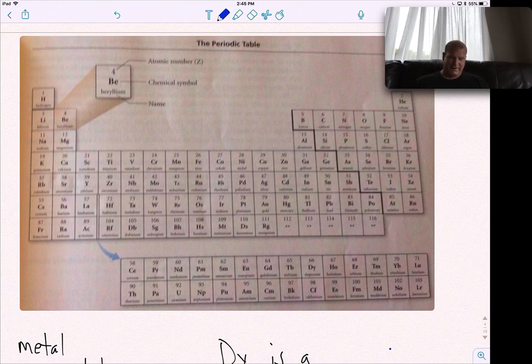Here they're all defined by the atomic number, the number of protons. So if an element has 1 proton, it is hydrogen. If it has 79 protons, it is gold.